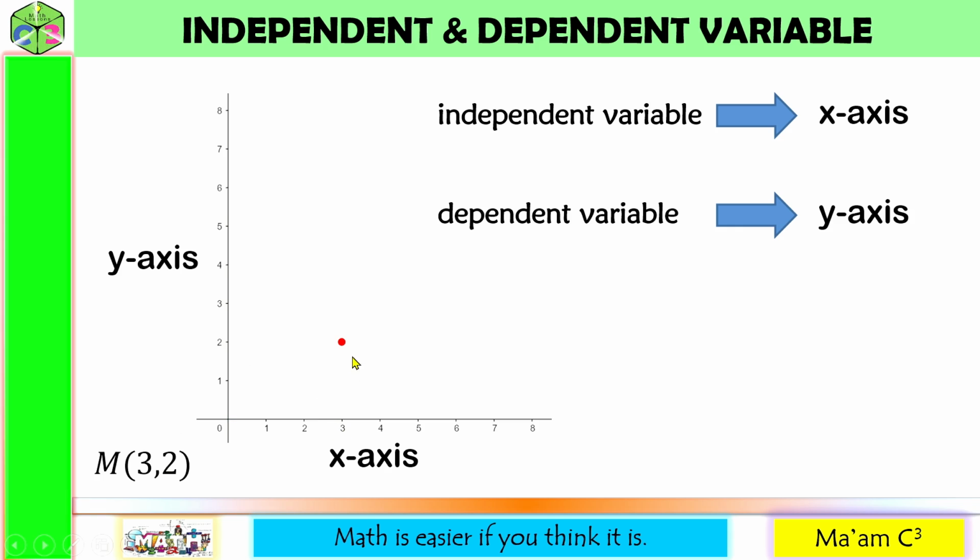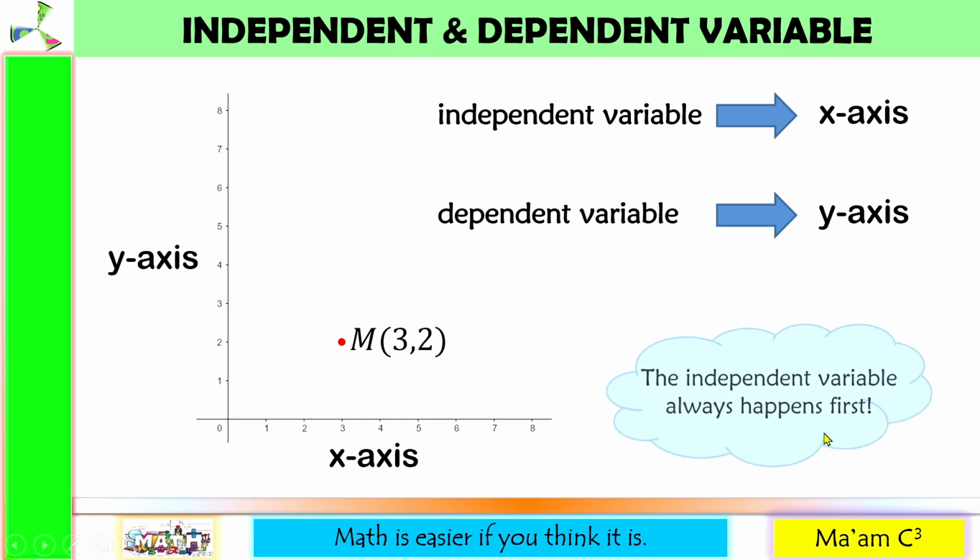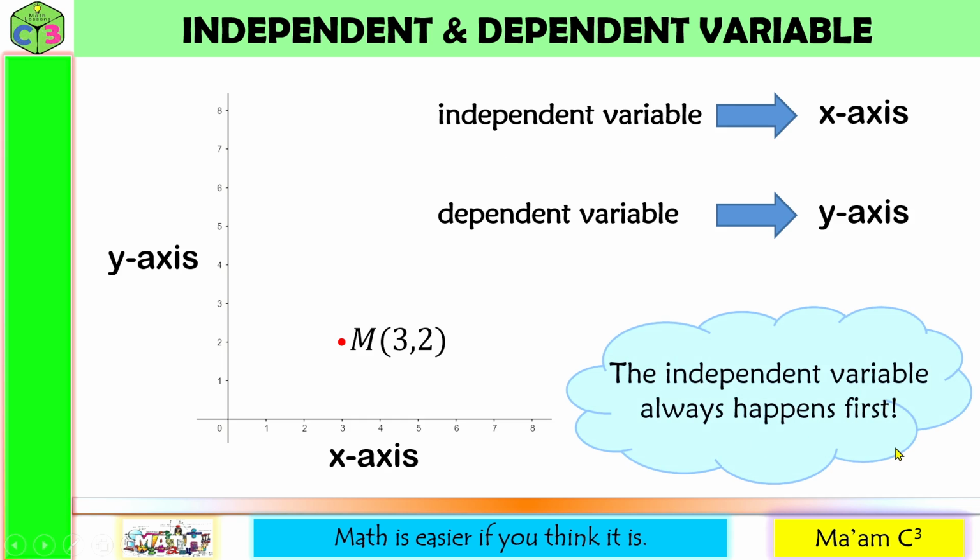And there you are. There is your point M with coordinates 3, 2. So what did you do? From the origin, you move first on the x-axis. And since the x-axis is where the independent variable is plotted, then the independent variable always happens first.